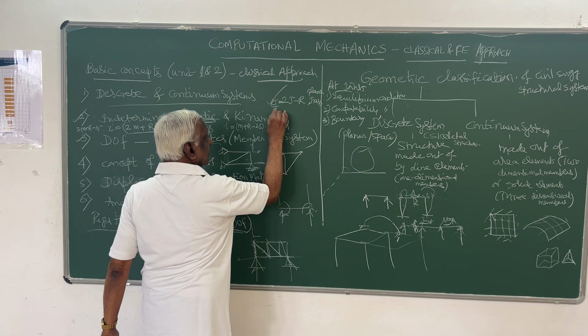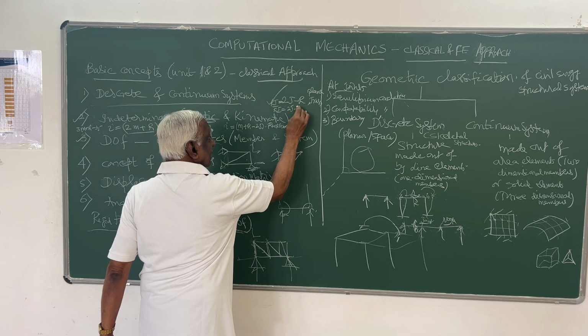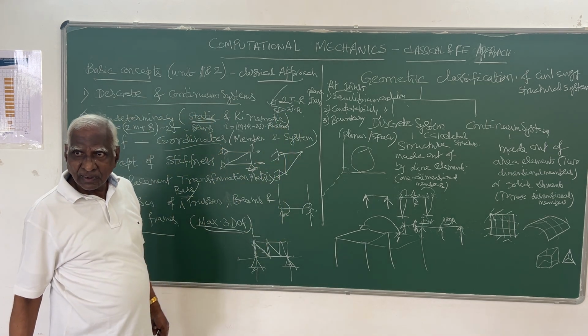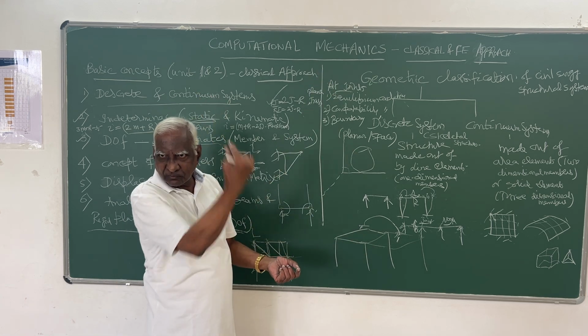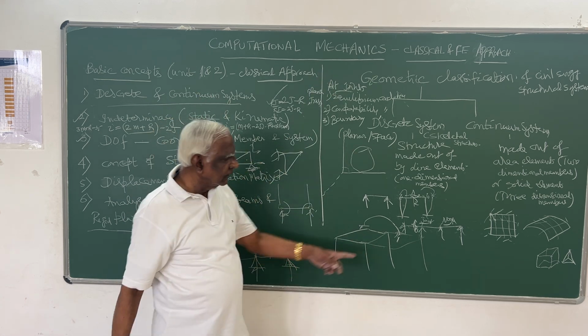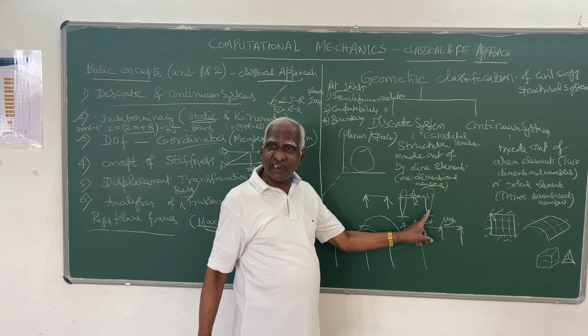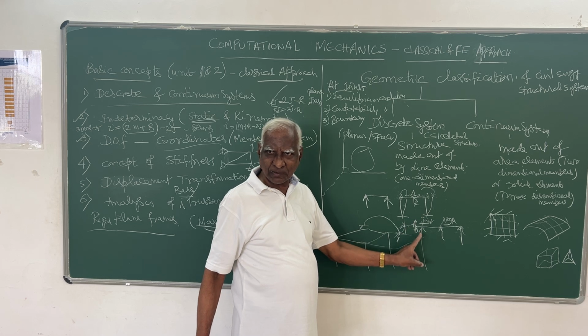In beams, KI is 2j minus r. Again, in beams, two displacements, shear, that is vertical, and rotation. Here, no displacement is possible. Here, vertical is not there because of support. Reaction is there, no support.